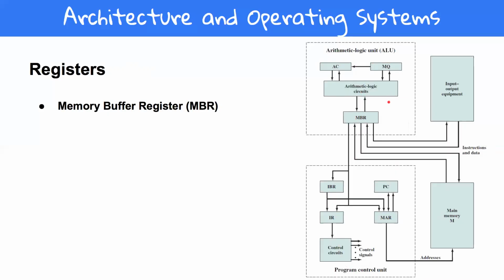They are temporary writable memories. The first one is the memory buffer register. As you see, the memory buffer register sends and receives data to the input output equipment. It sends and receives data from main memory. There is a link between them.